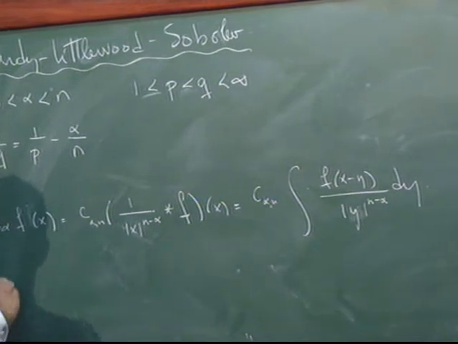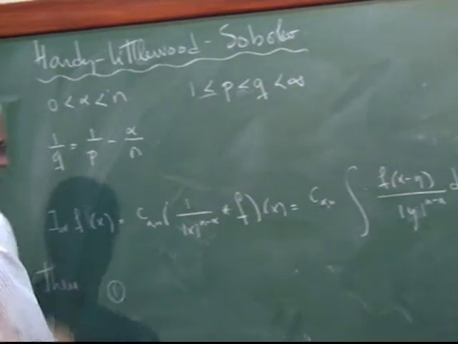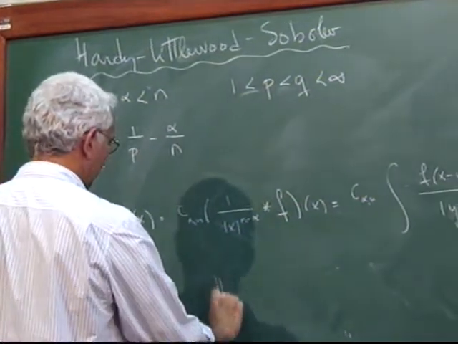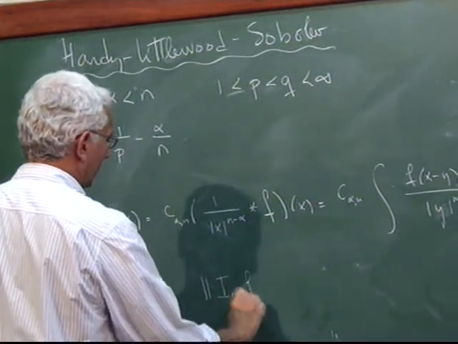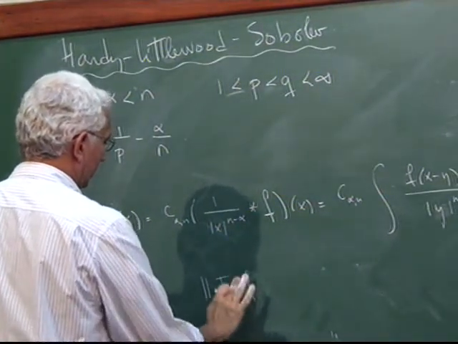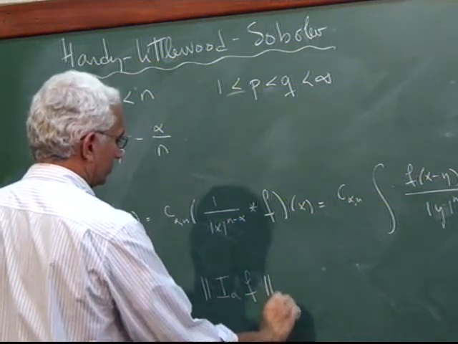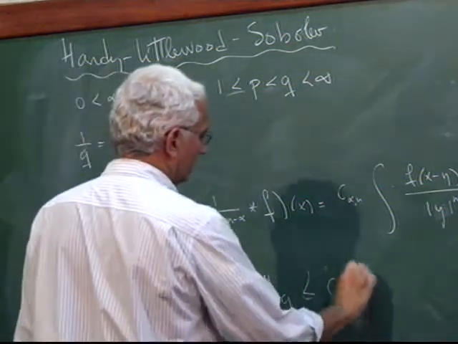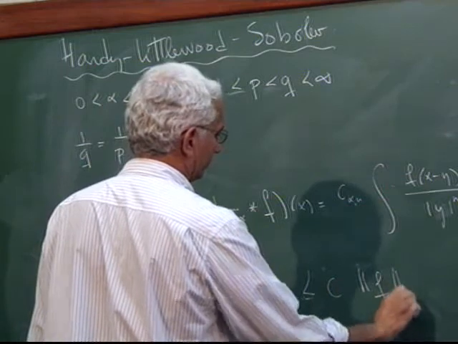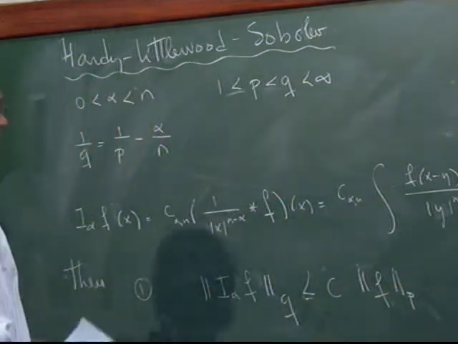Then you have this estimate: I_alpha f in L^q is less than some constant times f in L^p.